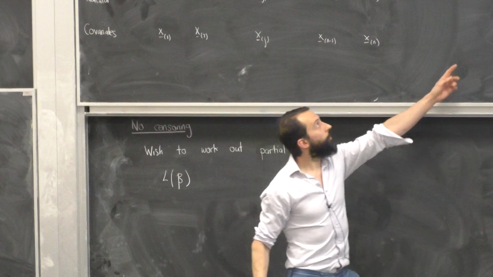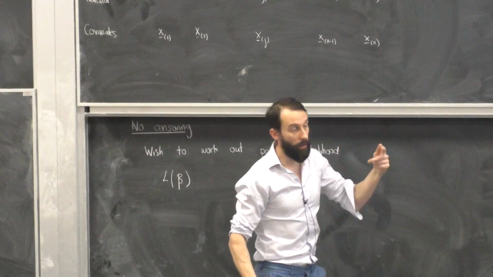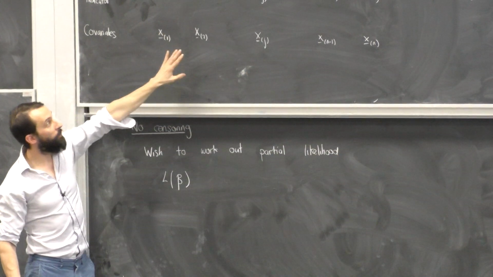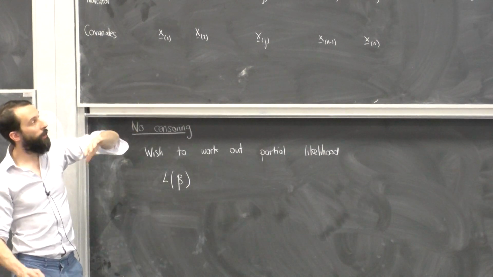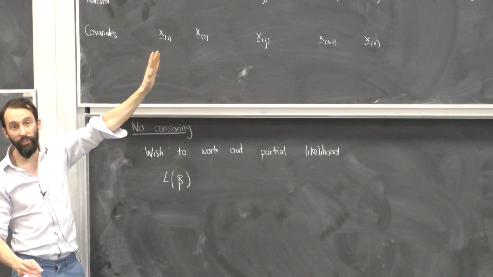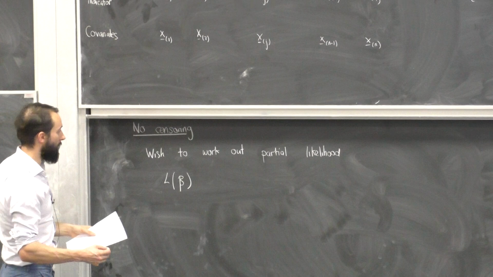For a particular beta, that's going to modify everybody's hazards. For a particular beta, what's the likelihood of seeing the order of failure that I did?